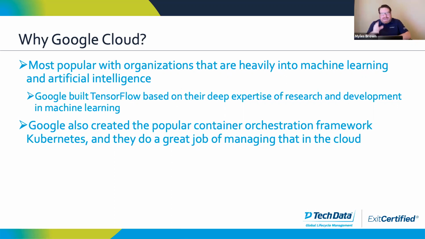And so it was sort of an afterthought, and it's getting better, but it's not quite there. And Azure has something called Azure Kubernetes Service, AKS. But none of those are as good as the Google Kubernetes Engine, GKE. And so that's really, if you're really into Kubernetes, but you don't want to manage that sort of control plane, you let the cloud provider manage that. And so they're pretty good at that.